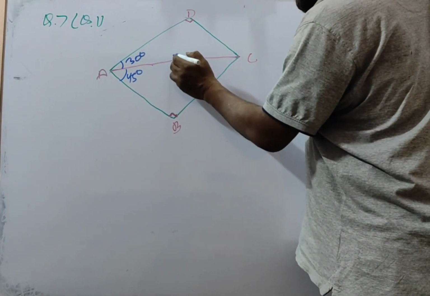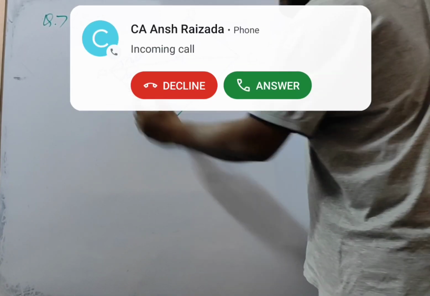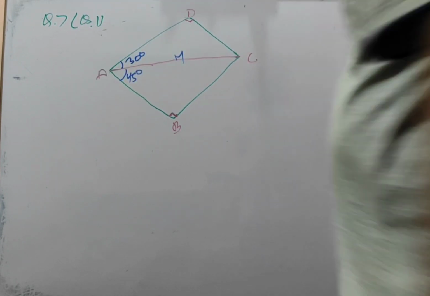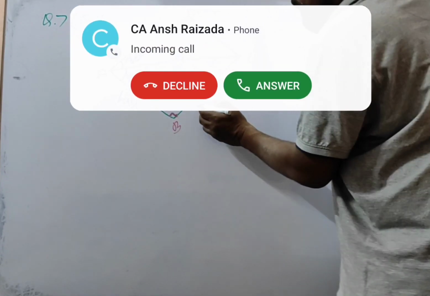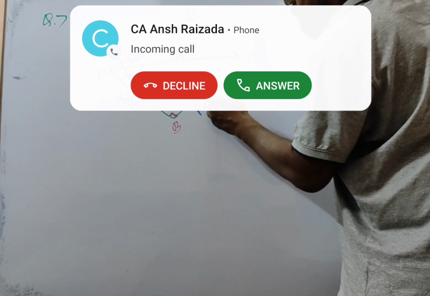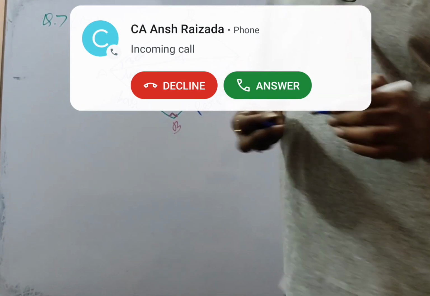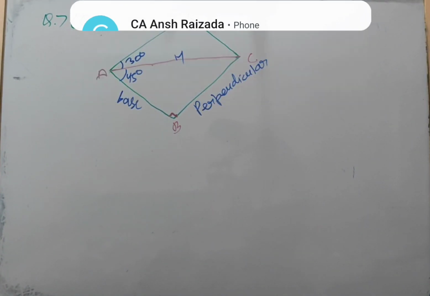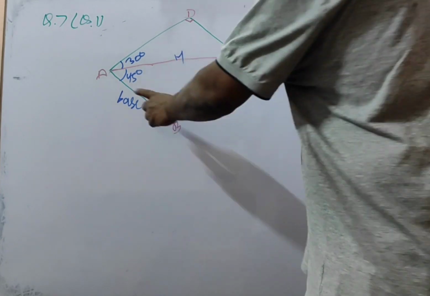So this will be the hypotenuse. When we take this angle in consideration, then this will be the base and this is the perpendicular.